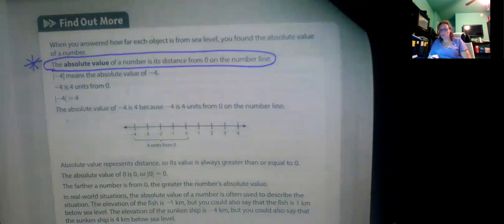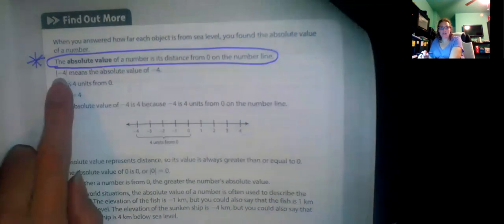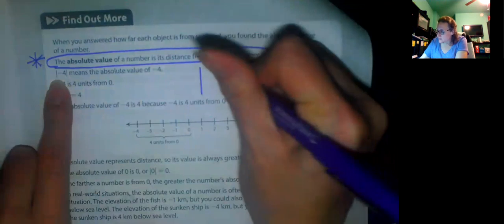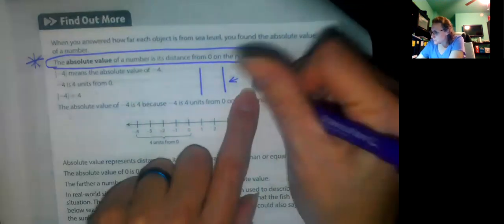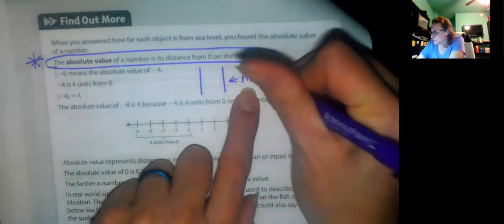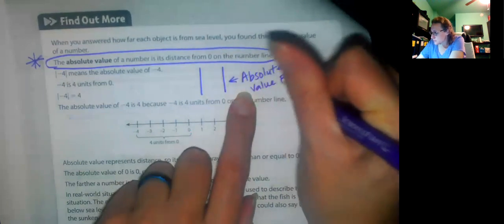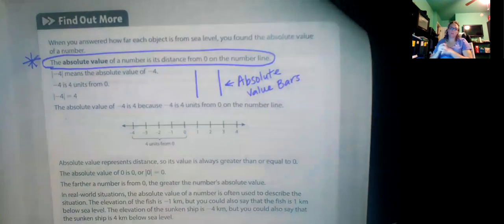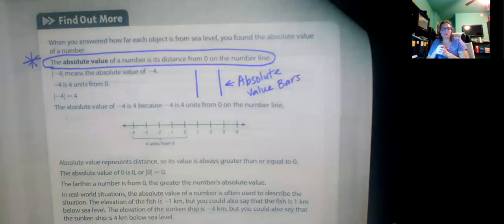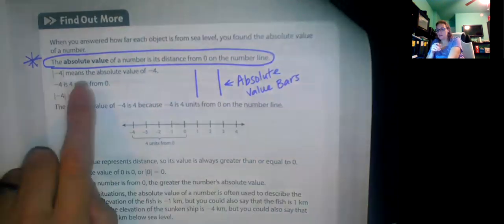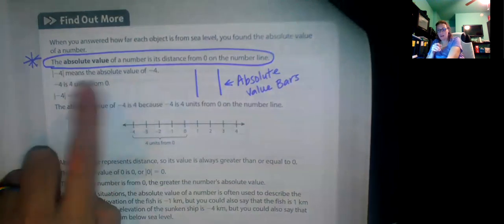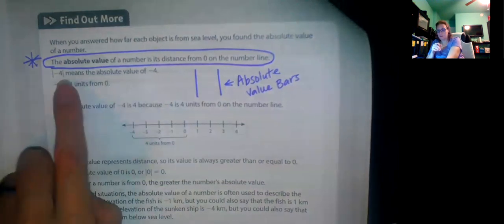So the absolute value, see those bars that are around that number? Those are the absolute value bars. They kind of look like goalposts. So the absolute value of -4 means the absolute value of -4. That symbol means that.